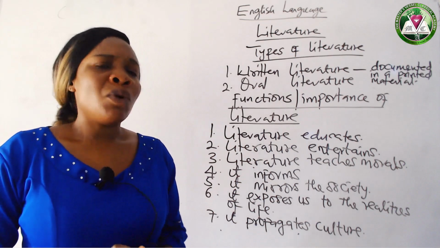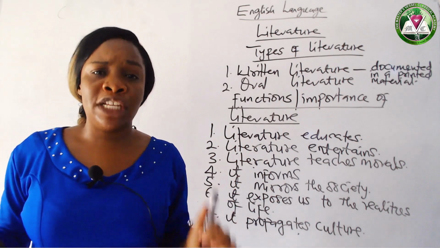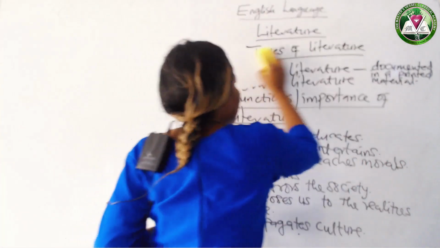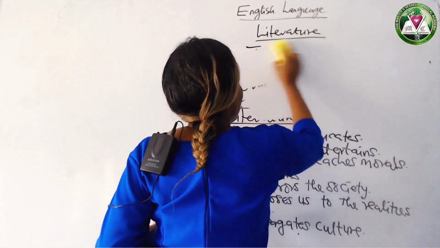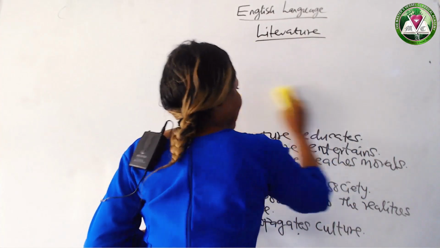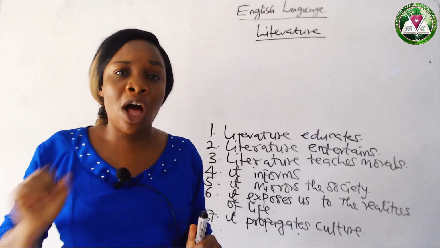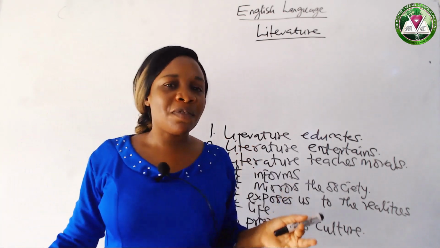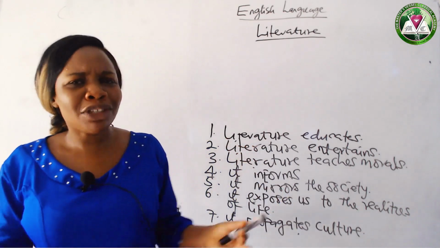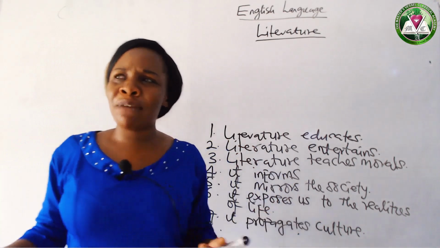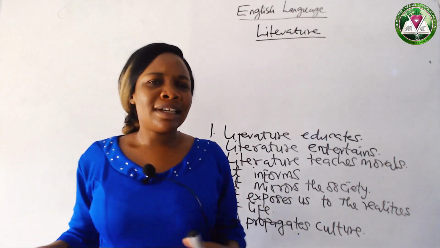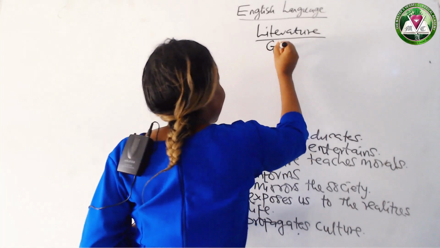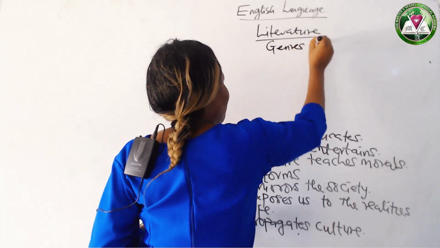And then there are also genres of literature. Let me give us the genres of literature. I know at one point or the other in the class, I have mentioned the genres of literature to you. Can you mention some of the genres of literature that I've mentioned so far to you? Okay, I can hear you say prose.